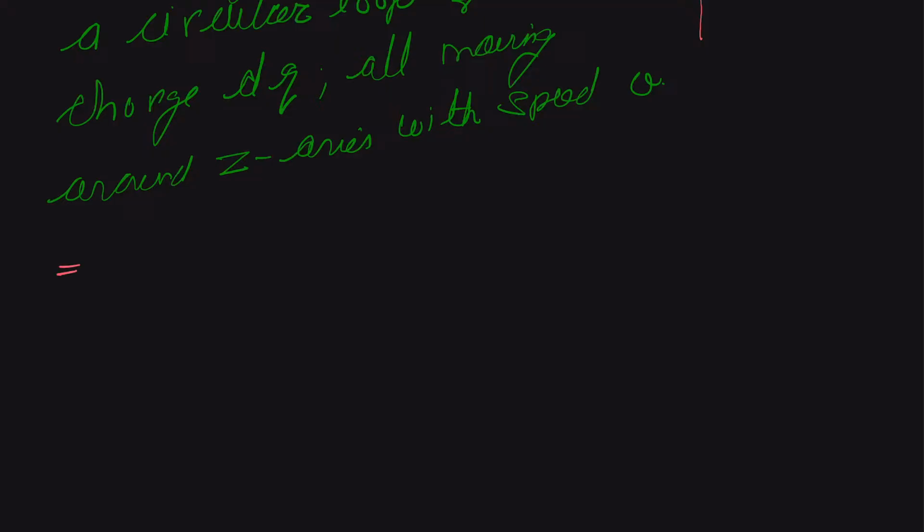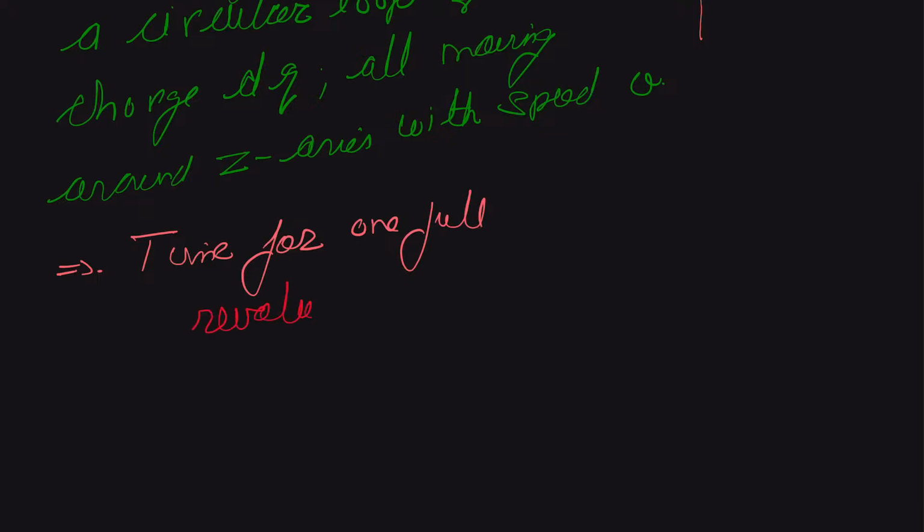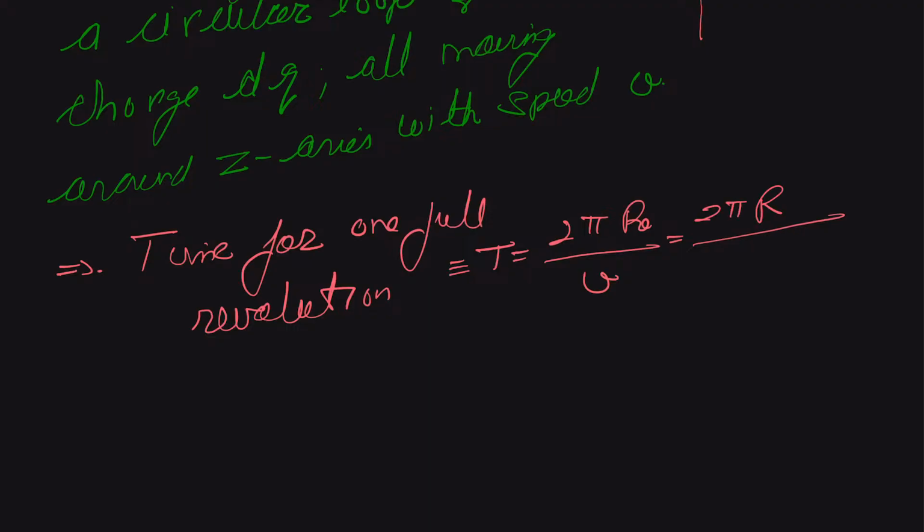Therefore we can say that the time for one full revolution, that is t, will be equal to 2 pi r naught divided by v, and this comes as 2 pi r sine of theta, and v is omega r sine of theta. So this comes as 2 pi upon omega.